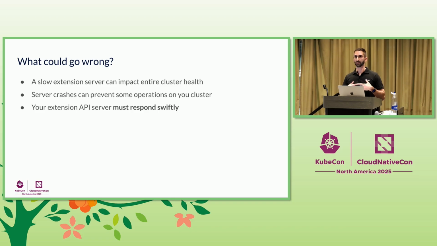You might get flooded with requests from the Kube API server. And so this is why, to overcome these, you need to be aware of the risks and put some good alerting, monitoring, and make sure that your pod is highly available.